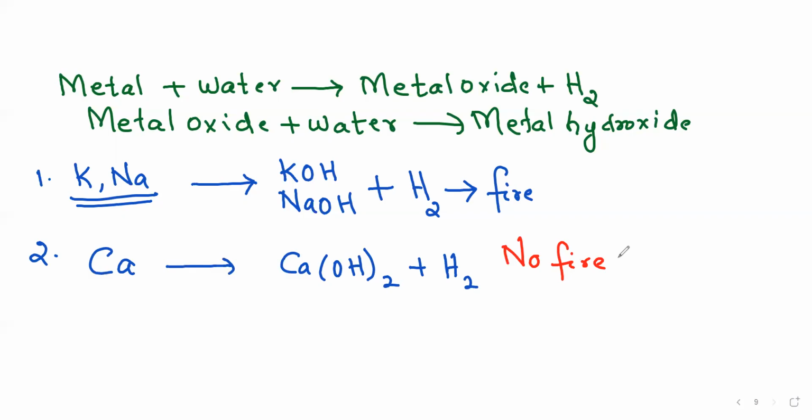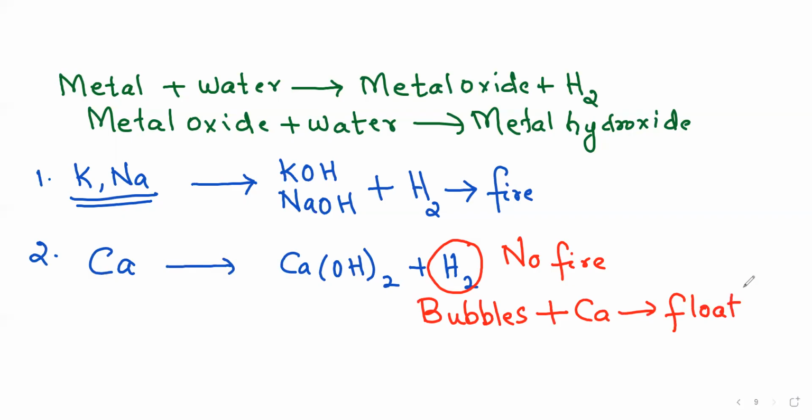The heat released during this cannot burn the hydrogen. So hydrogen will form as bubbles, and calcium will stick to them, and what we can see is that calcium will float. Both these are happening in cold water. But the third one, a little more reactive, is our magnesium.